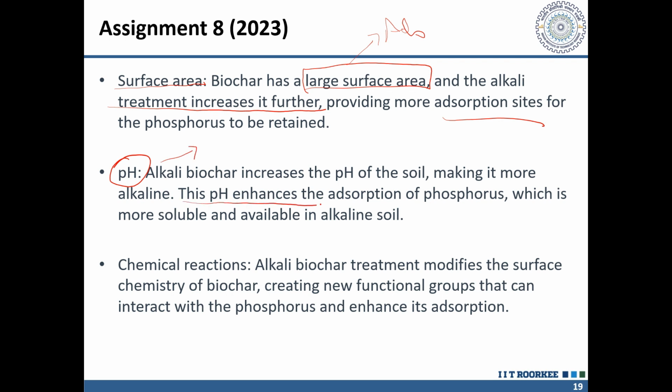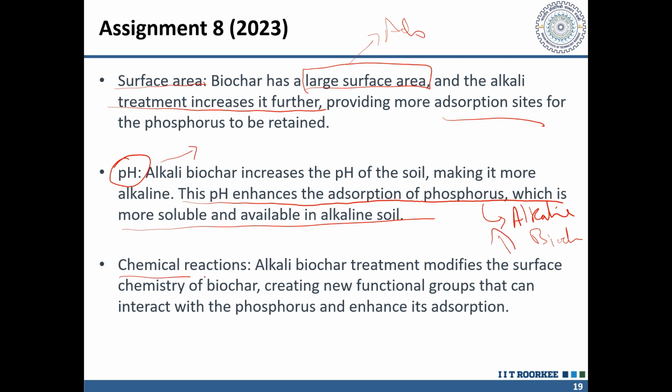This pH enhances the adsorption of phosphorus, which is more soluble and available in alkaline soil. So phosphorus is adsorbed more on the alkaline side, and by making alkaline biochar, phosphorus absorption is increased.